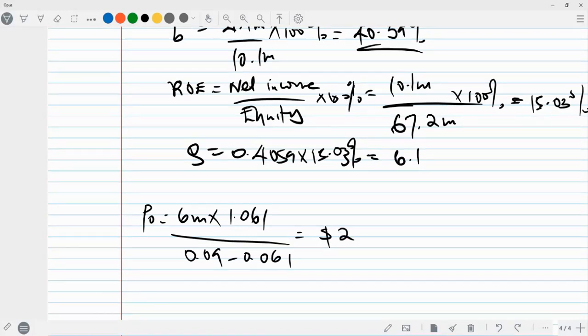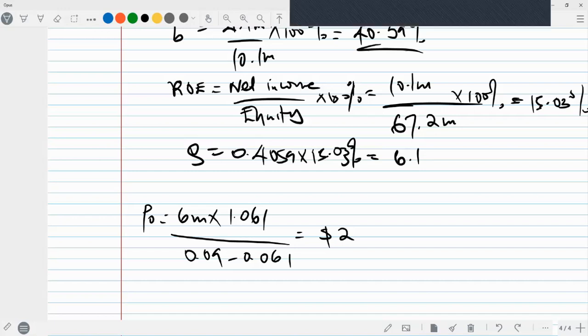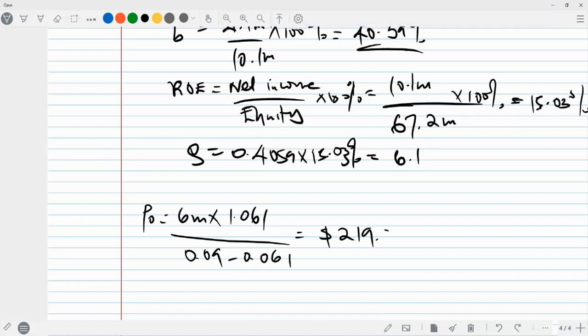That gives us 219.52. Great, and that is how to get the market value using the dividend growth model. Any question?